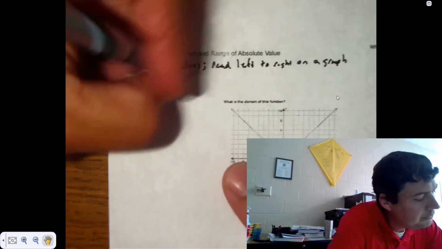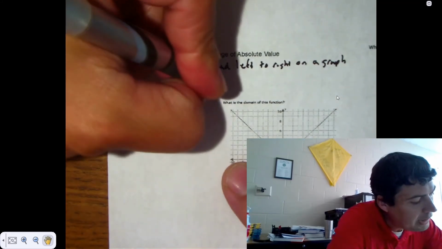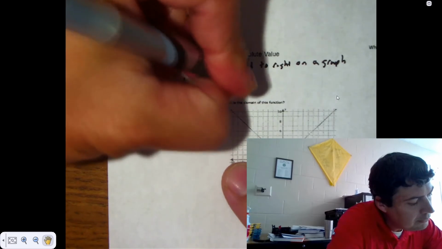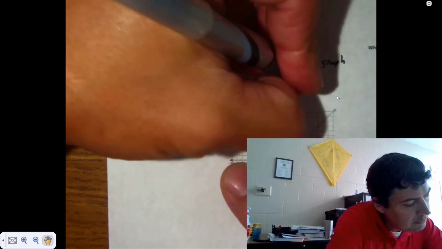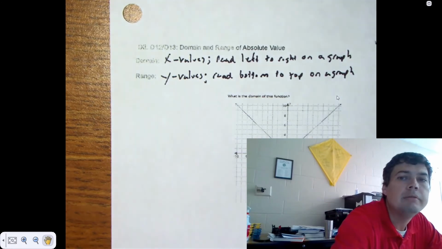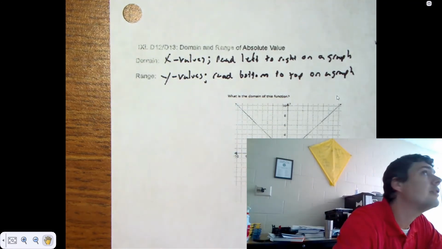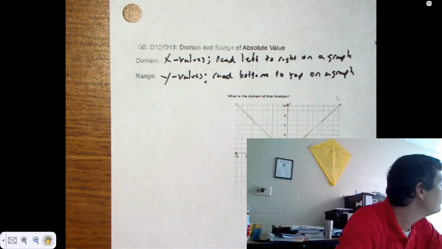Y values, and it is read bottom to top on a graph. So X values are read left to right on a graph, and your Y values are read from the bottom up on a graph.